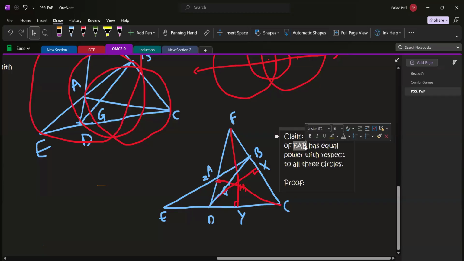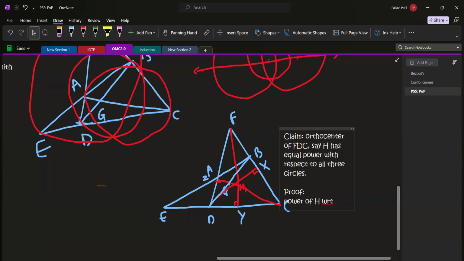HD into HX. Exactly. So the power of H with respect to the circle with diameter BD is HD into HX.